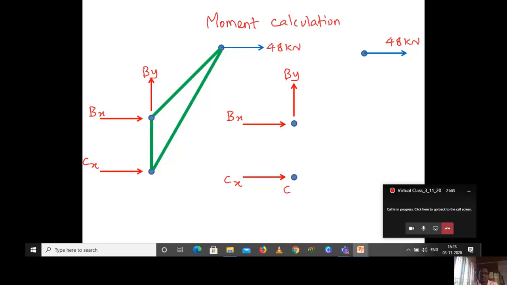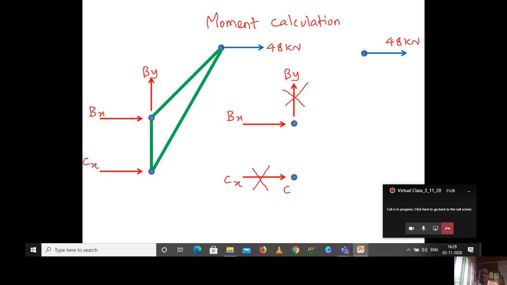So now based on the point C, I am going to calculate the moment. So for calculating the moment, apart from the forces, I need perpendicular distance. So we are going to calculate one by one the perpendicular distance. So the first one, when you are considering moment with respect to C, obviously the force acting at that point will be equal to 0. So we can cancel the term.